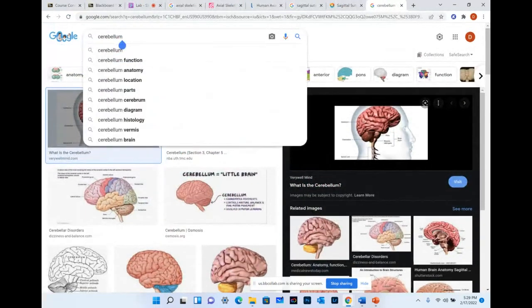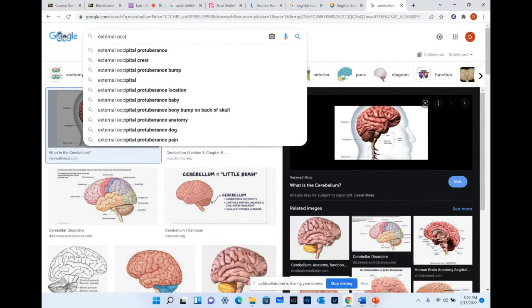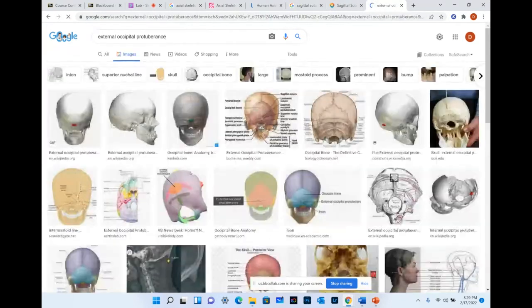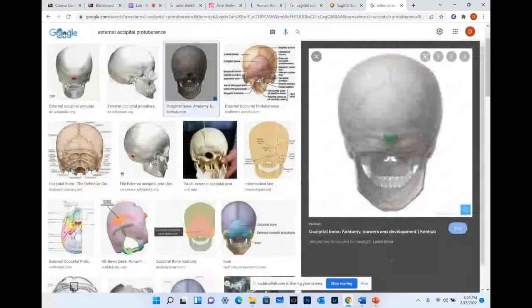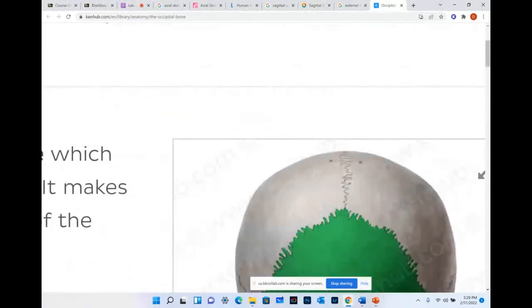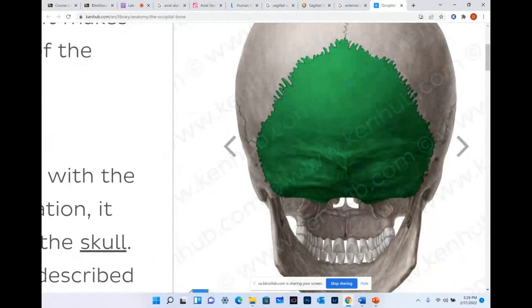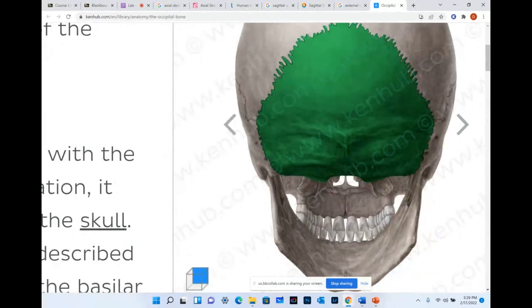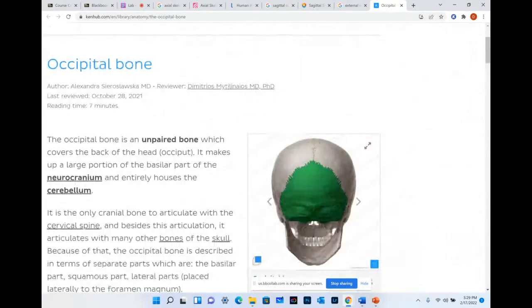External occipital protuberance. You see this right here? This is external occipital protuberance right here on the back of the head.